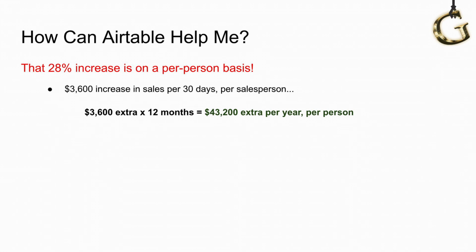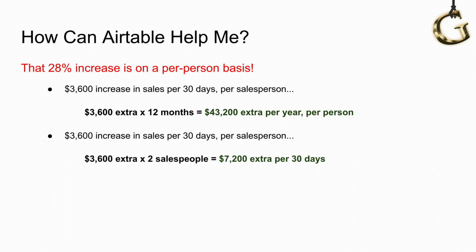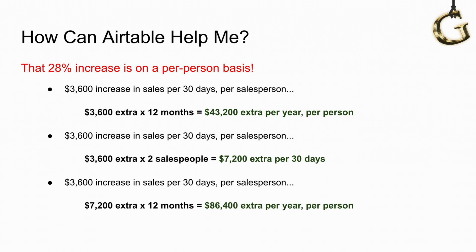You can get to that level. But even if your sales dip down to half of that, what could you do with an extra $20,000 a year per salesperson? And if we have 2 salespeople, that's $7,200 per 30 days, and that's $86,400 extra per year.